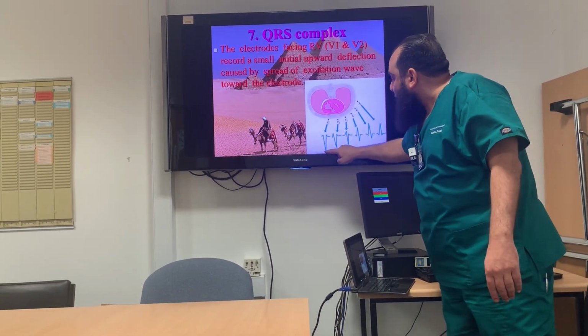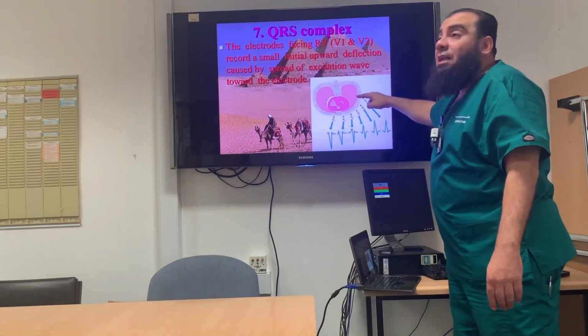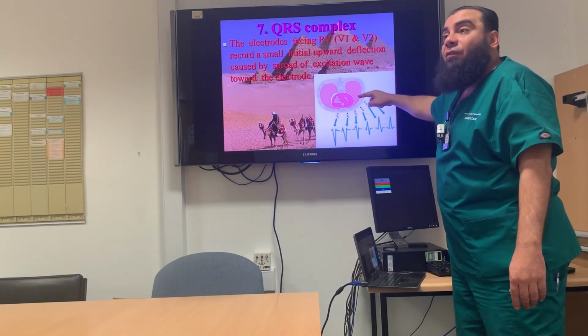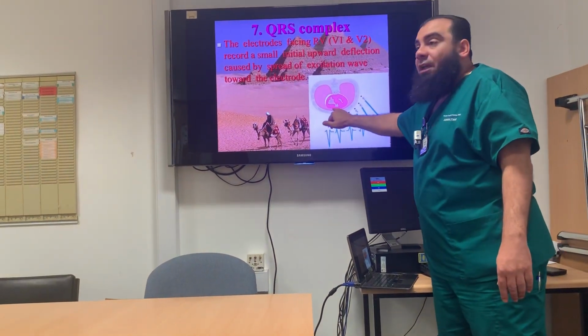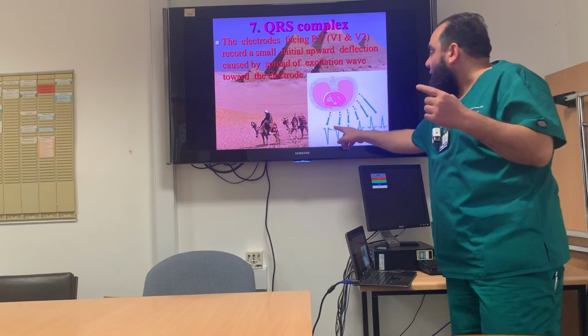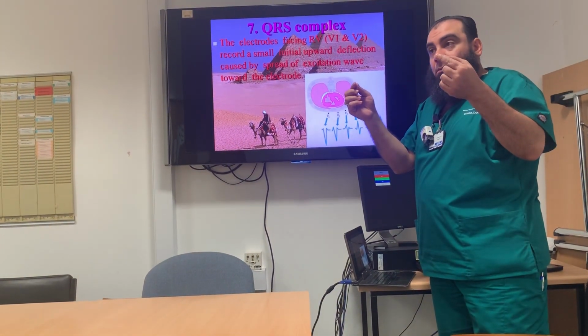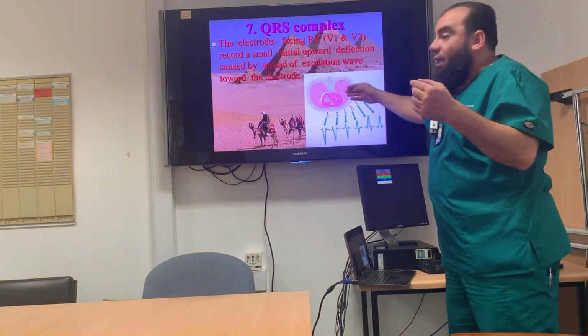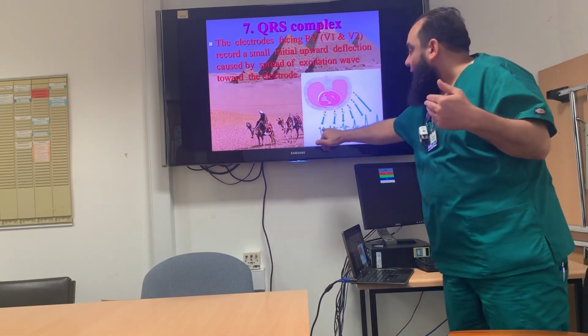And that negative one is due to what? The left ventricle, but because it is away from the electrode, it becomes negative. V1 and V2 face the right ventricle and the septum, but the left ventricle is away from them, so that's why it comes out negative here.